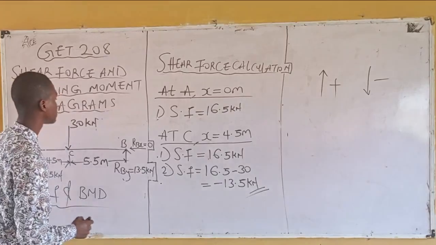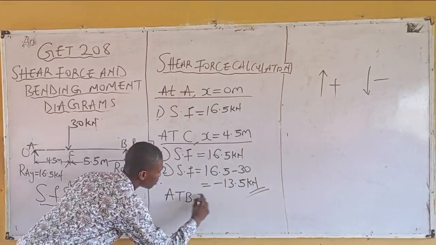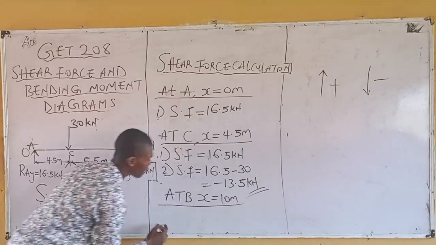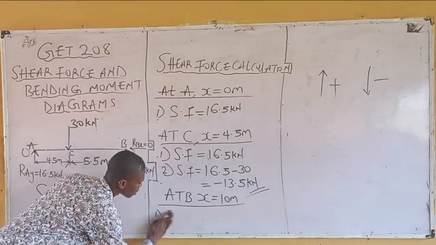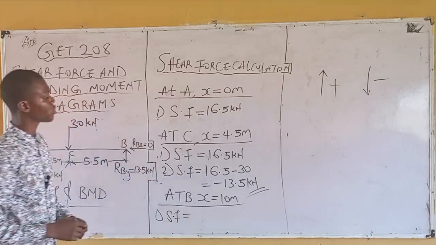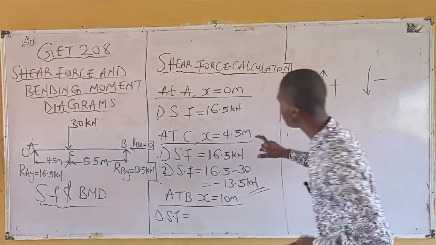Now from here, at B, same idea. At B, what's the value of x at B? 10 meter. The first value of shear force is what? Minus 13.5. Any question on minus 13.5? No, sir. It follows a regular pattern.